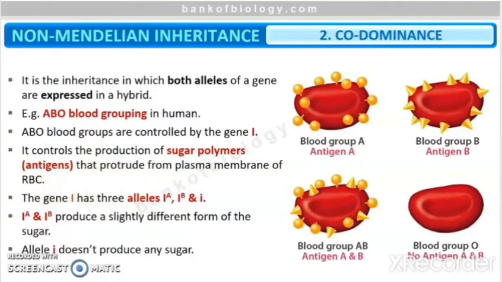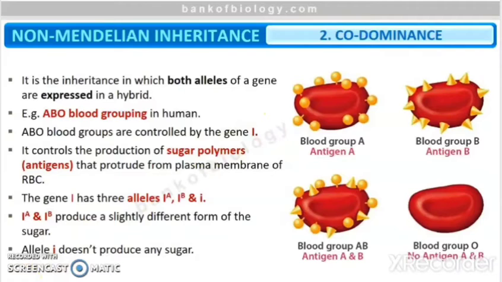Now use a common term, antigen, for this. No need to confuse it with sugar polymers and all. Just keep it as antigen. Think of an antigen present on the plasma membrane of the red blood cells, right? And their sugar production is completely controlled by the gene called I, right?